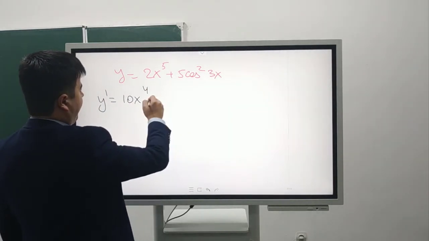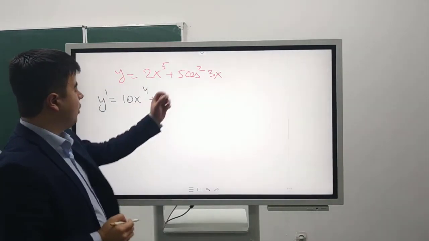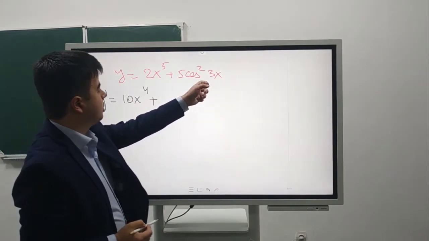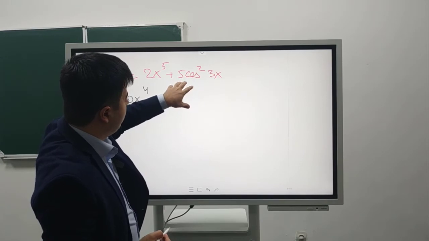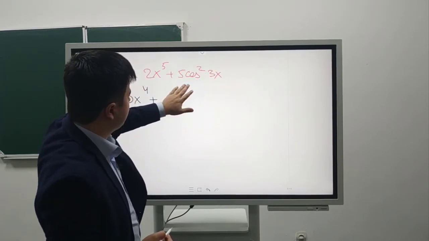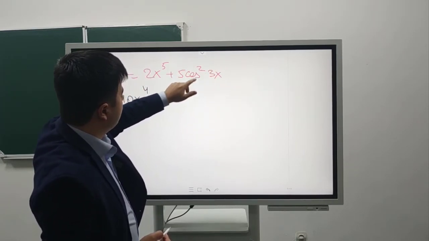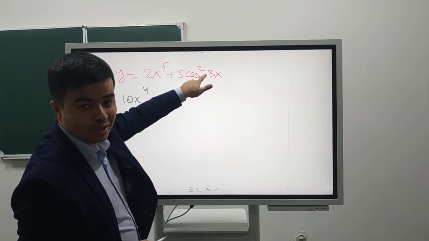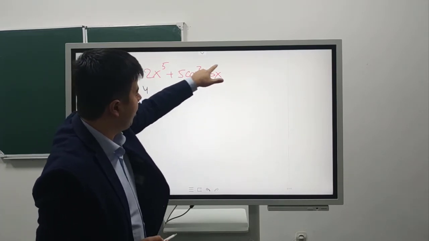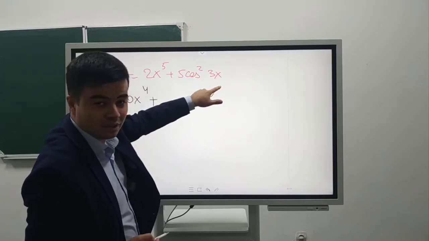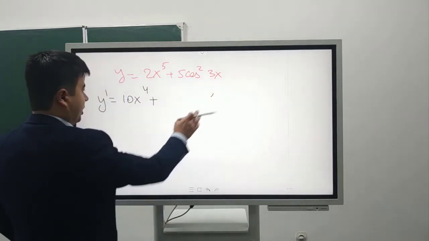Then, look here now, 5 cosine squared 3x. Here we have the main function, in this case, the square, the power. Then we have cosine. And then we have this 3x. So, one more time.